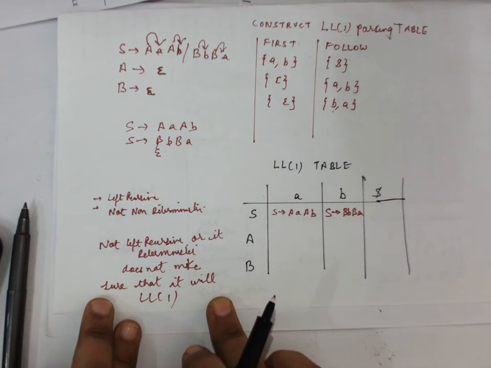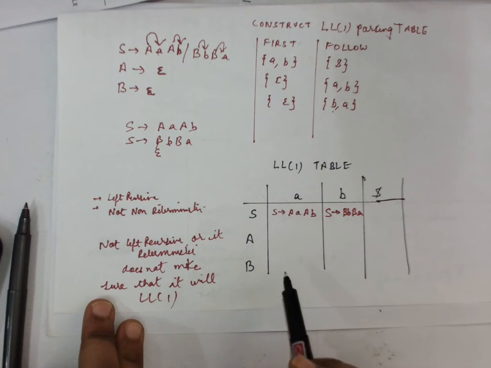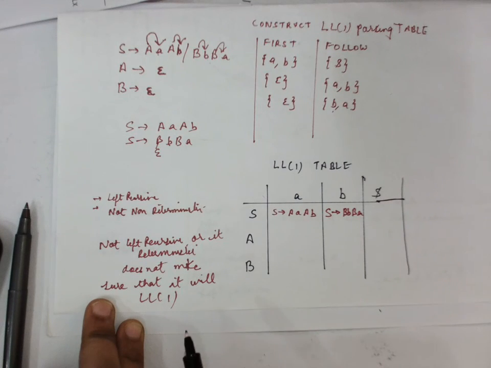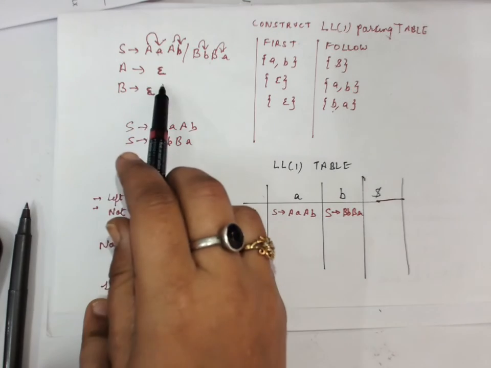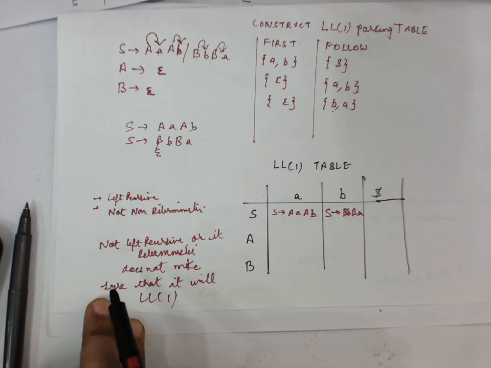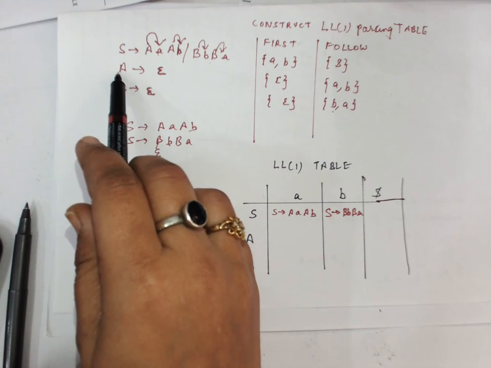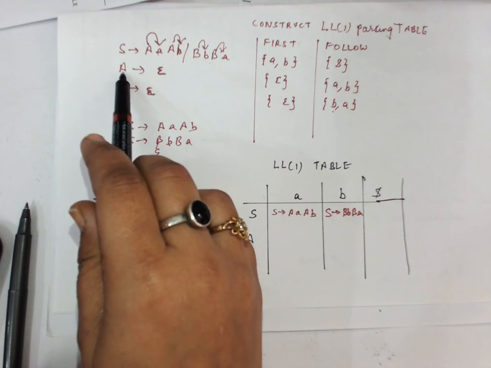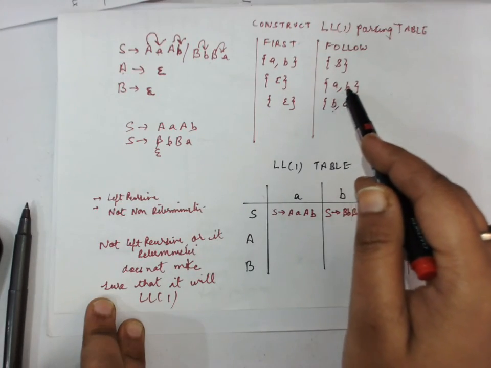Next is what we are given, A gives epsilon. So we all know what we need to do whenever, just as I told you in the last lecture also, if we encounter an epsilon, we will see the follow. Okay, so follow of the LHS. So what is the follow of LHS? That means LHS is A over here, follow of A is a and b.